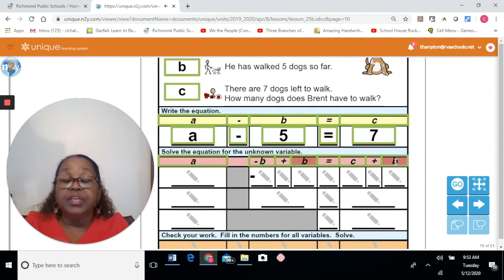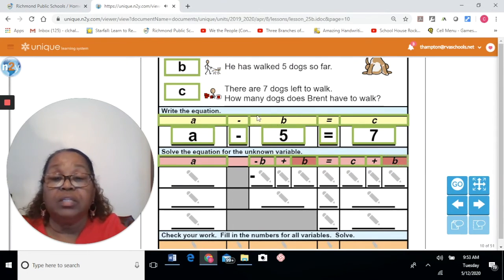All right. In this equation, we want it to say A equals, because we're trying to find out what is A. A equals on this side. So I've got to get rid of this 5. My B is already minus 5. That minus 5, that's what's here. So it's a minus B plus B. In order to get that to equal 0, I must add 5.